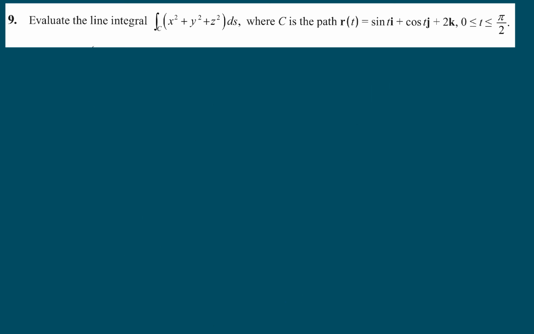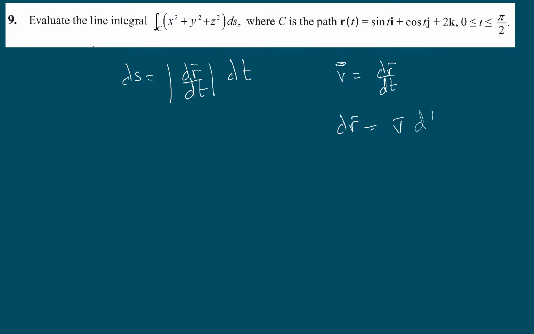Okay, let's do it again. It's the same problem. I said that ds is the magnitude of dr/dt times dt. You can imagine that the vector v is the derivative of r with respect to t, and you can say that dr is v times dt, so the magnitude of dr, that is ds, is the magnitude of v times dt.